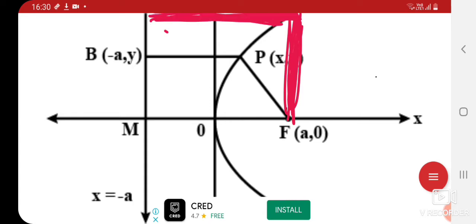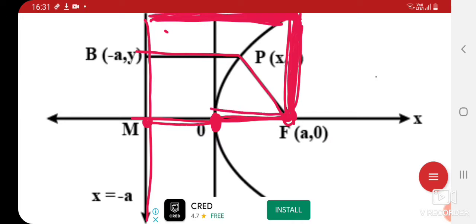Now, you know one thing more, that the distance from this origin O to this point, the focus, is equal to the distance from this O to this M, right? Why? Because I have told you that the distance from this point to this line is equal, that the distance from this is equal to this, and from this to this. Is that right?